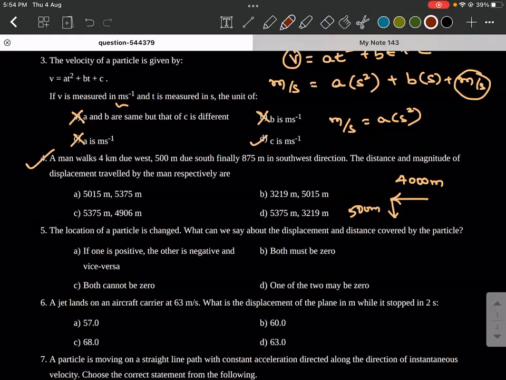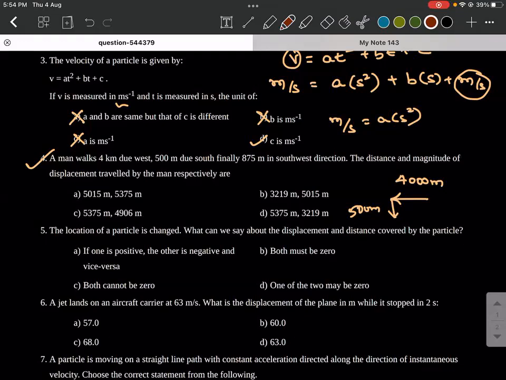Okay. So which is southwest? Should I go left hand side or should I go this side? See, if this is you, with respect to you, take your left hand and tell me which side am I supposed to go. Should I go to your left or should I go to your right? What is southwest?